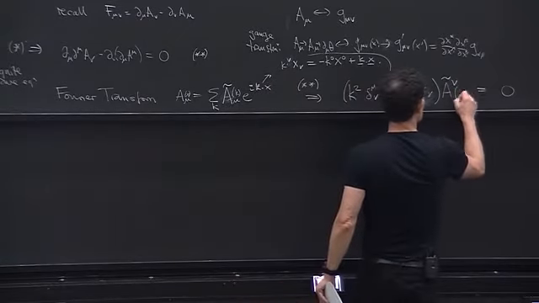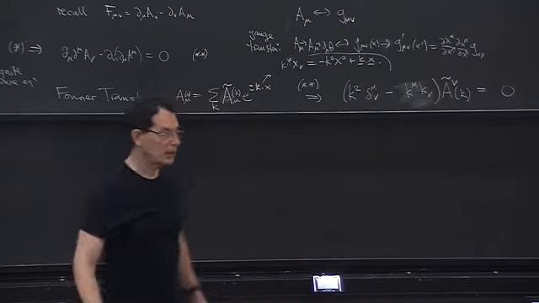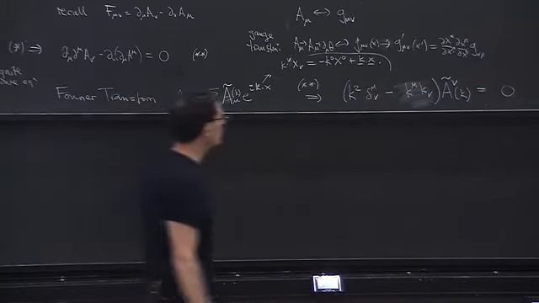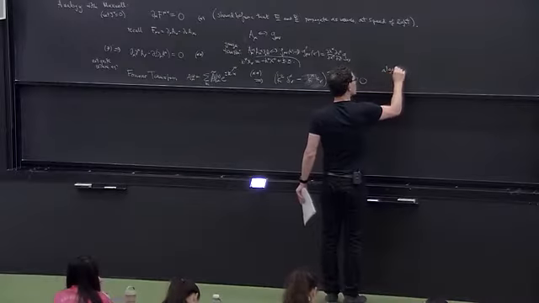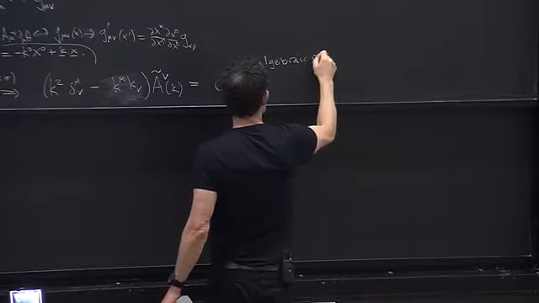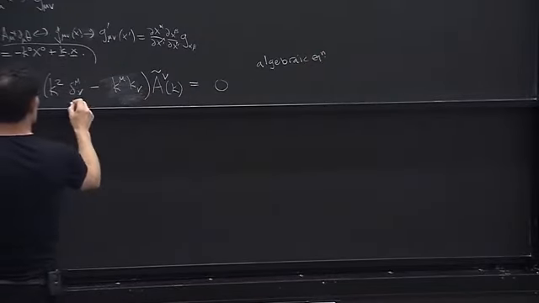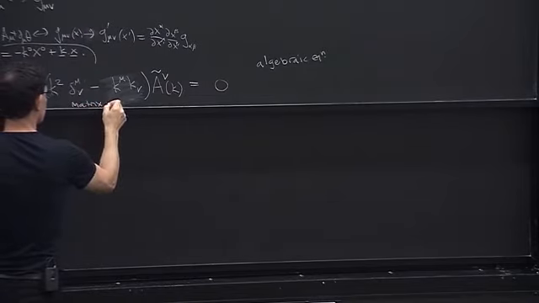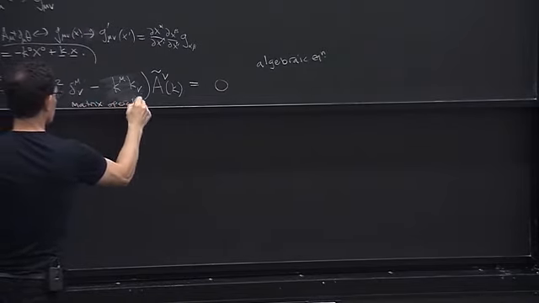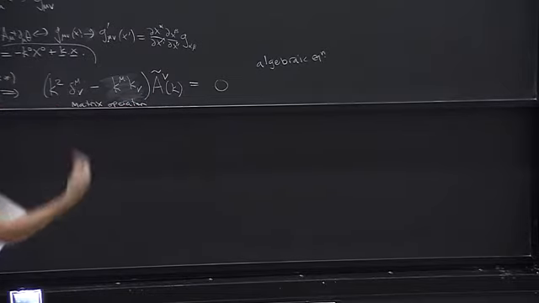And notice it's just an algebraic equation, right? This was a differential equation. This is just an algebraic equation. And this quantity here is just a matrix operator. So I just have some matrix times A twiddle equals 0.